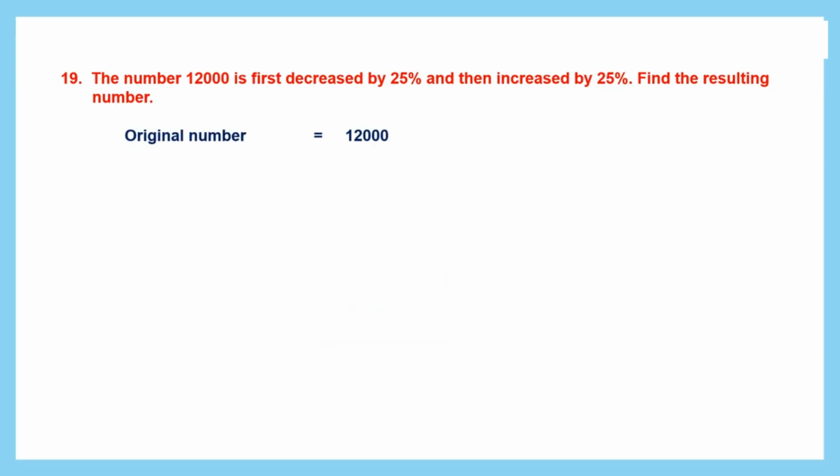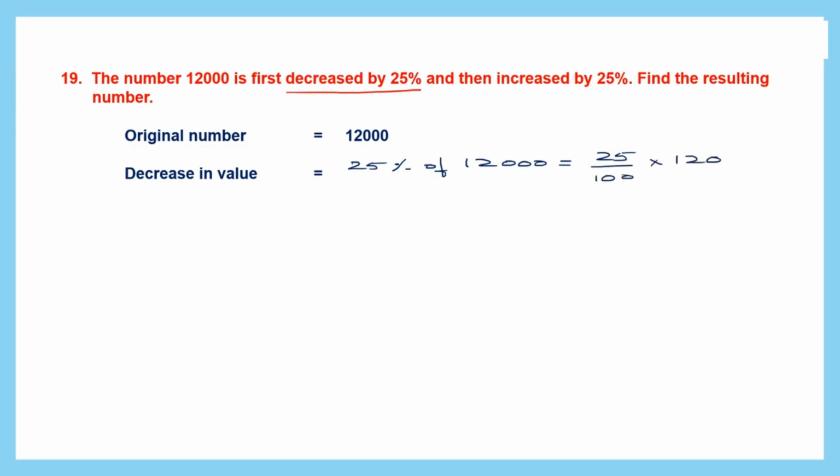So let's first write the original number, decrease in value. So first here, as you can see, it is decreased by 25%. So that is 25% of the original value, which is 12,000. So this will become 25 by 100 into 12,000. So here also we can do the cancelling.